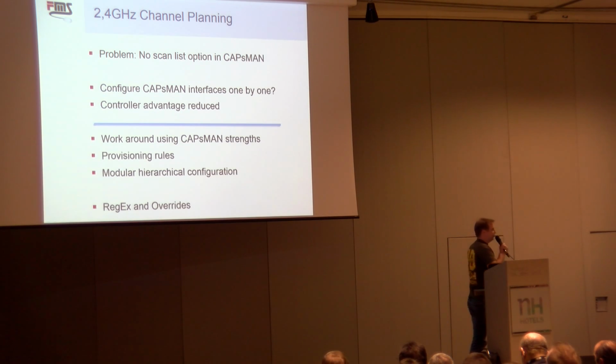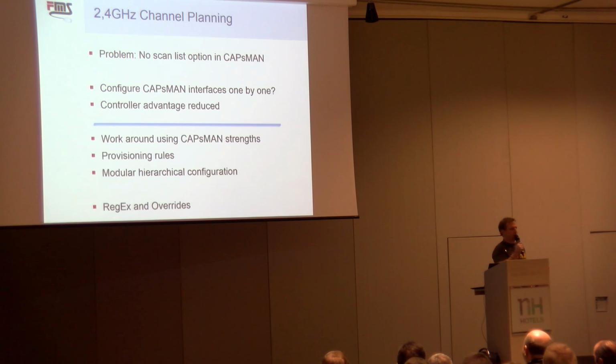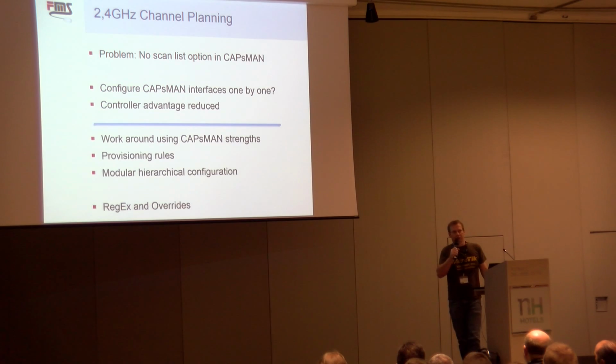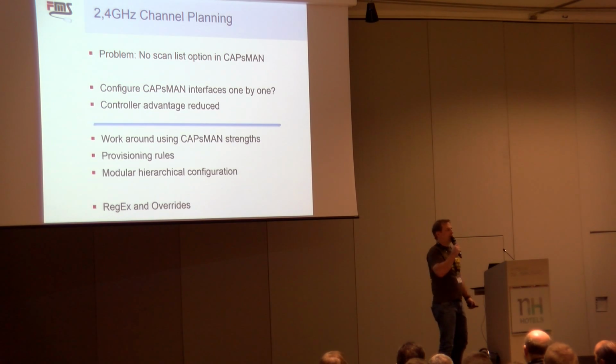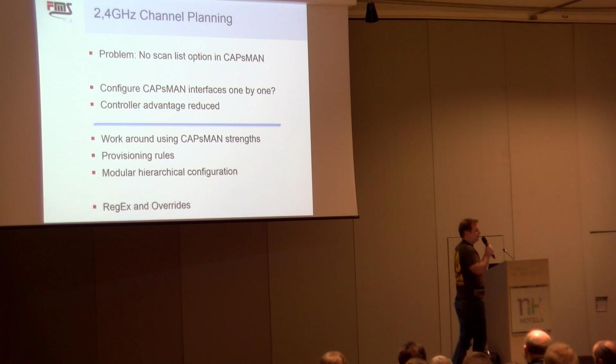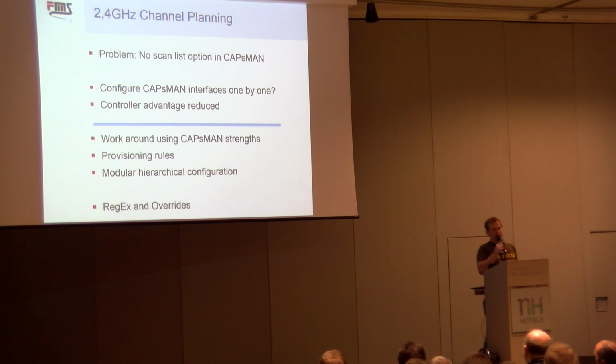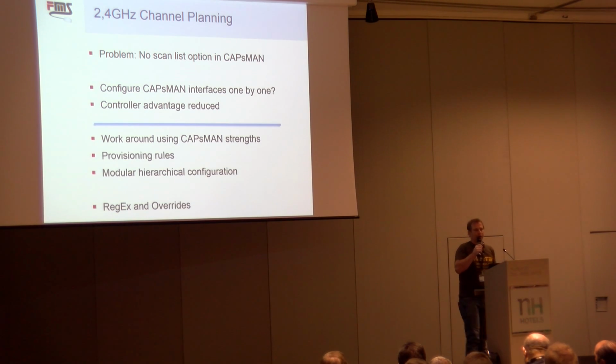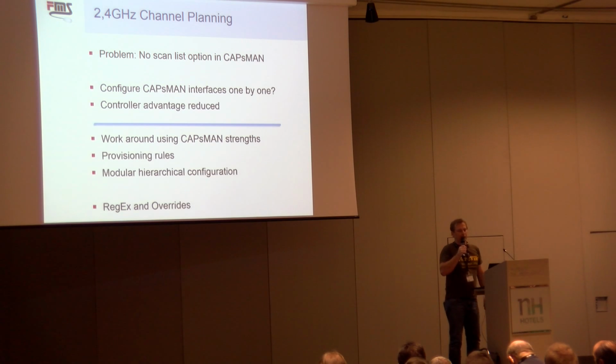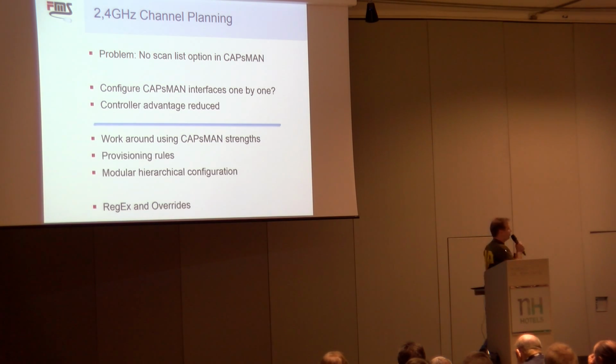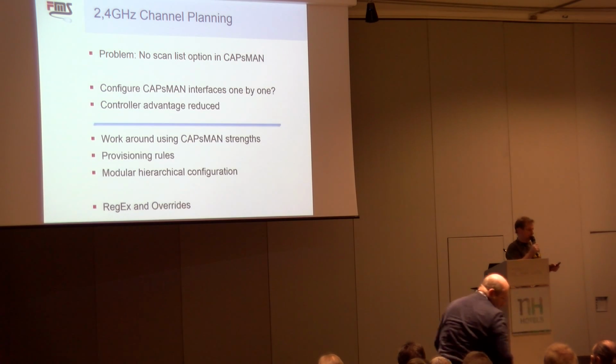So one of the obvious solutions would be to assign your channels manually, access point by access point, but that, on the other hand, will greatly reduce the advantages the great provisioning features of CAPsMAN are bringing you. Luckily, there is a workaround employing the strength of CAPS Manager, that is its provisioning rules, its modular hierarchical configuration, and it's using regular expressions and setting overrides.